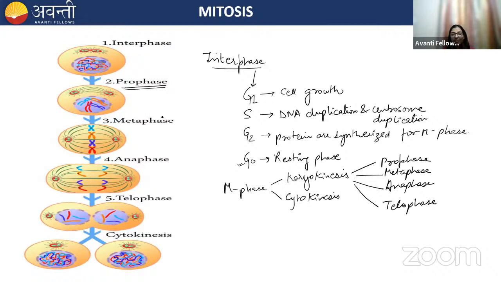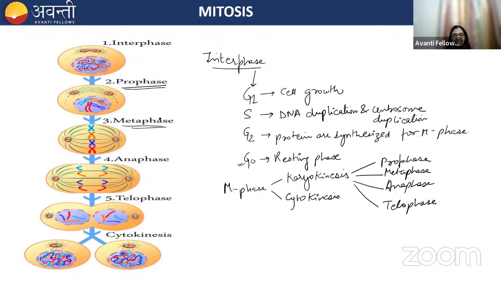During prophase, the nuclear membrane disappears, the nucleolus disappears, the cell organelles start to disappear, and the centrosomes which were duplicated during the S phase start moving towards the opposite poles. As you can see in this figure, the centrosomes start moving towards the opposite poles, and the nuclear membrane disintegrates. During prophase, the chromatin starts condensing or compacting to form the chromosomes.